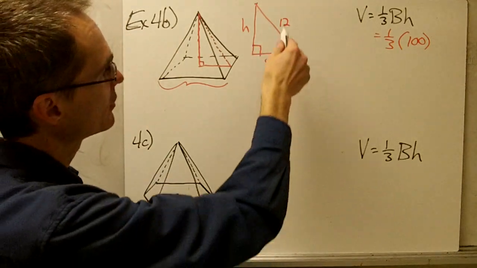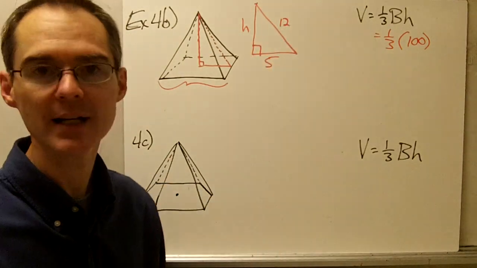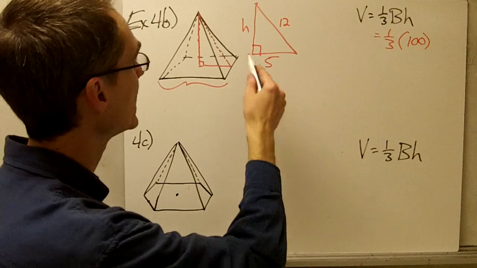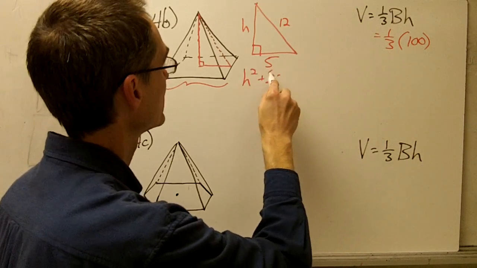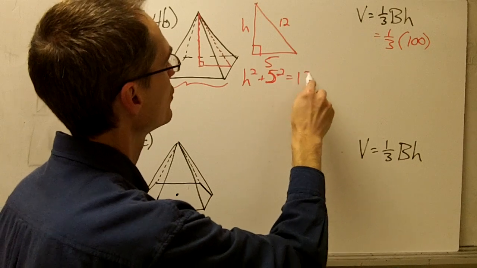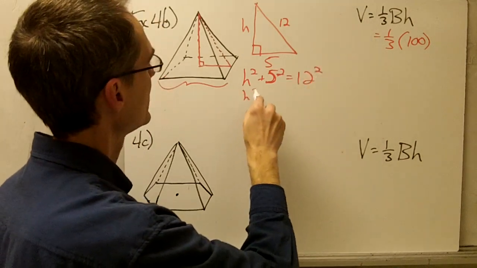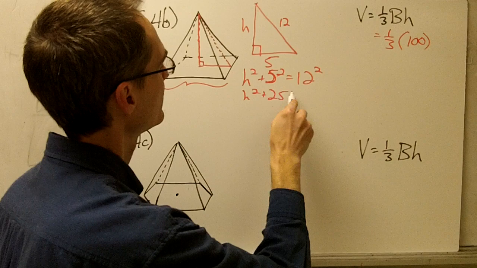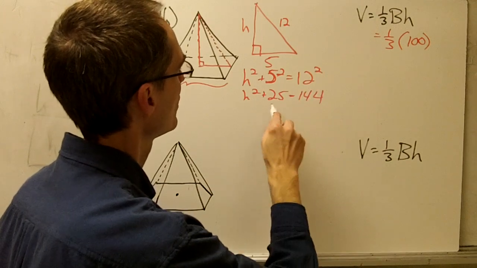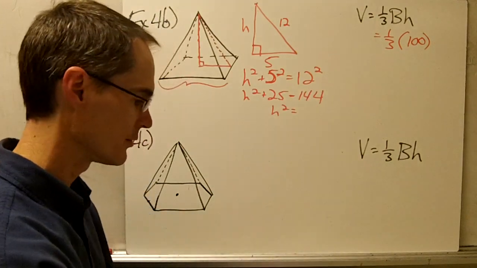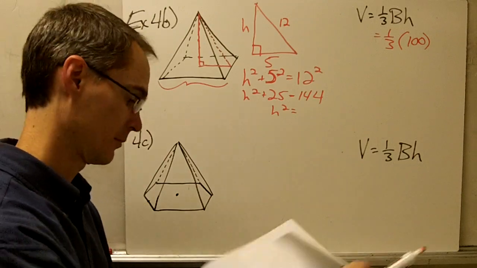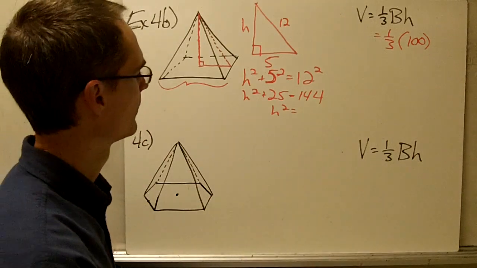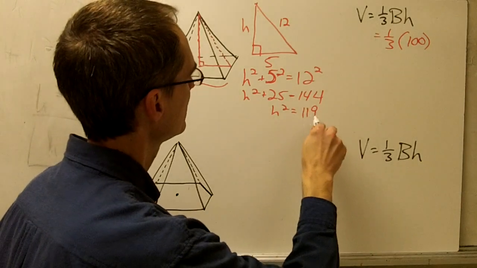Well, I've got a right triangle. I know 2 of the sides of the right triangle, and I can use my Pythagorean theorem to calculate h. So h squared plus 5 squared equals 12 squared. h squared plus 25 equals 144. h squared equals 119.